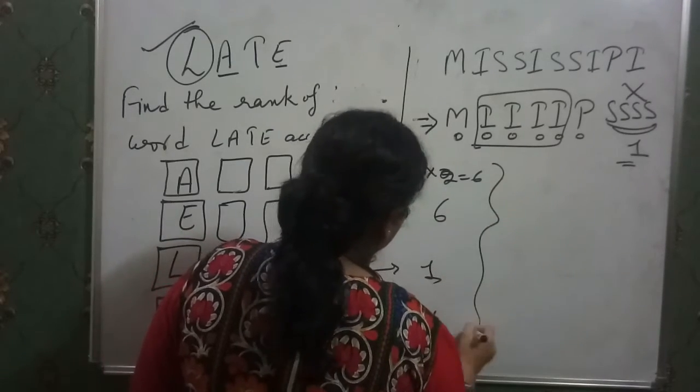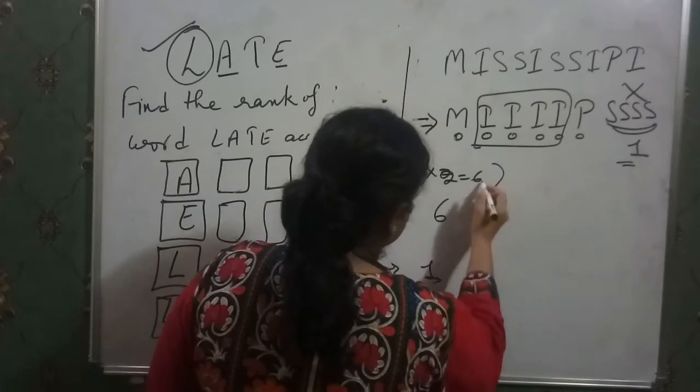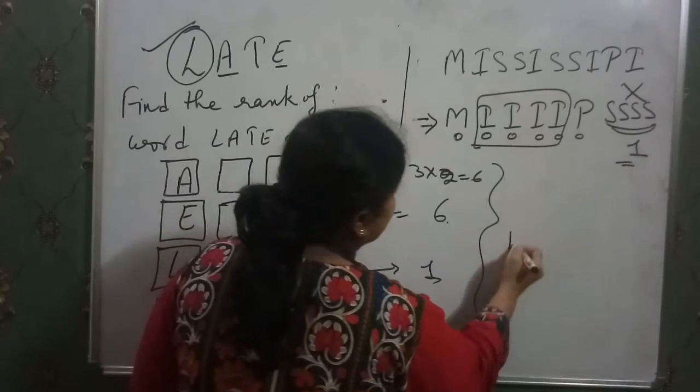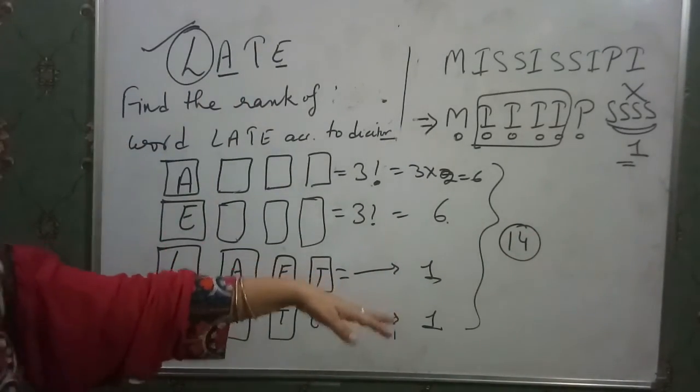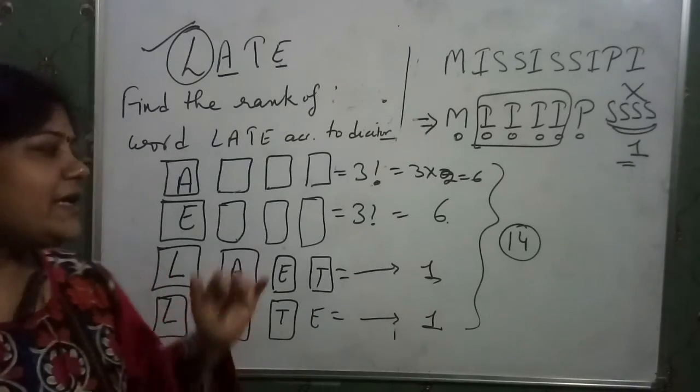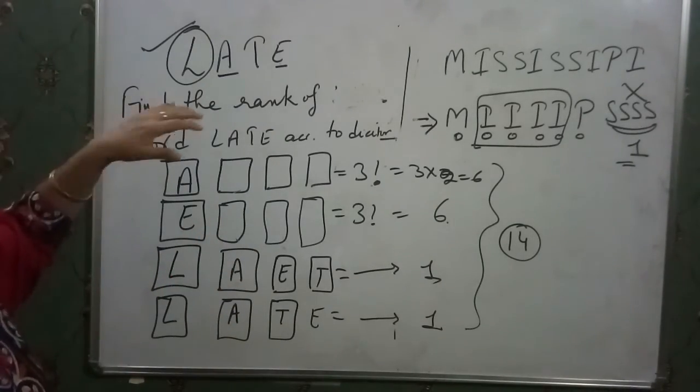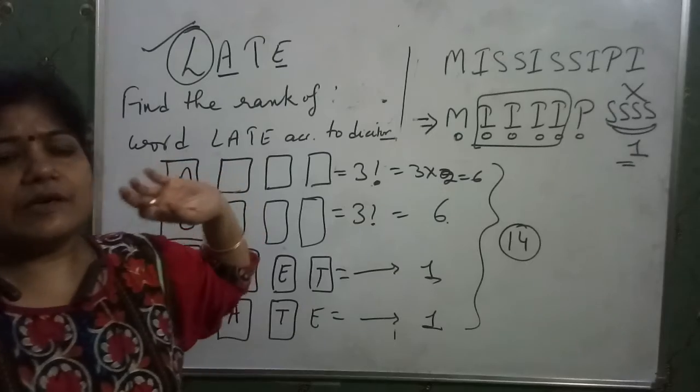So in total we have 6, 6, 12, 13, 14. That means the ranking of the word LATE in the dictionary is 14. That means at the 14th rank our word LATE comes.